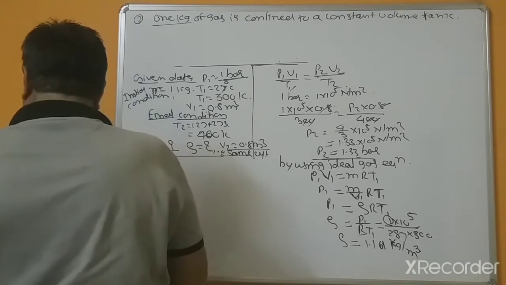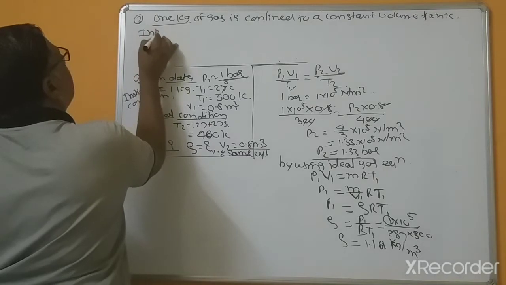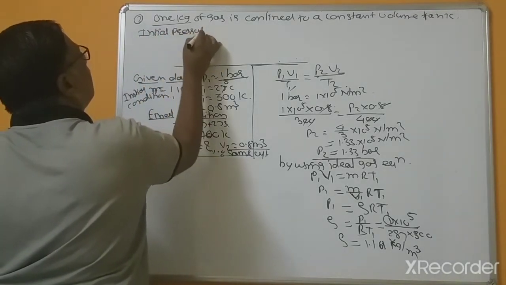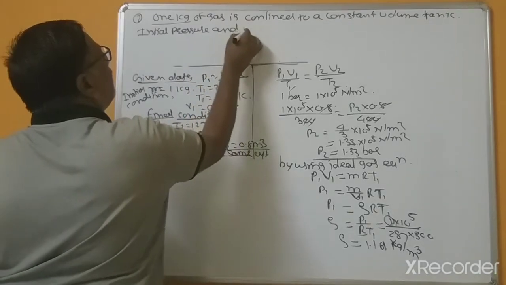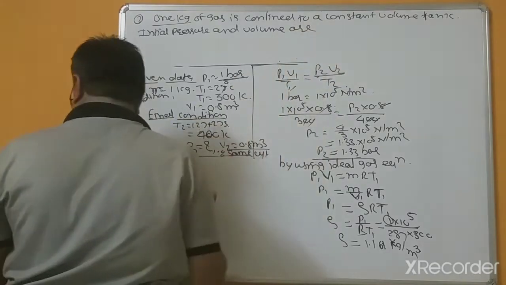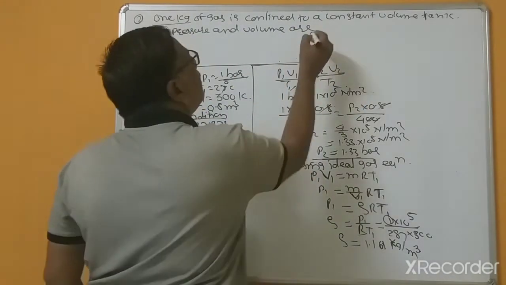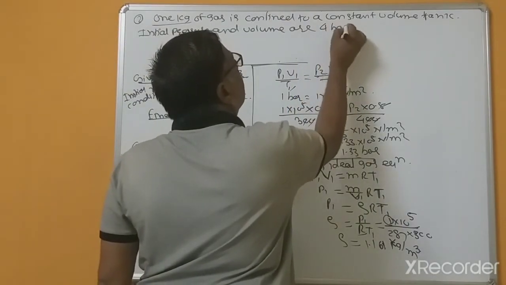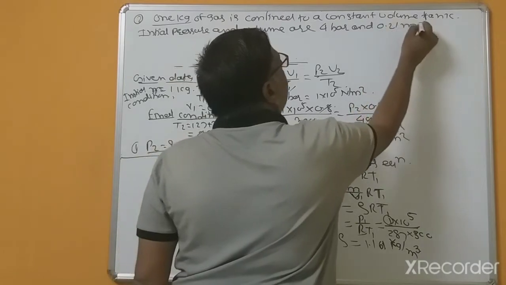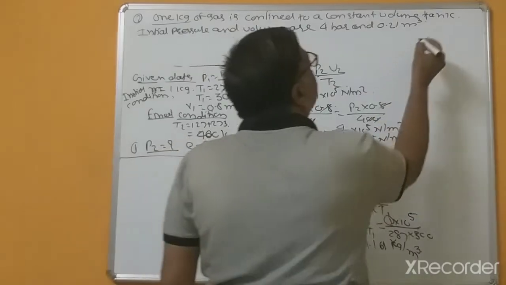Initial pressure and volume are 4 bar and 0.21 meter cube respectively.